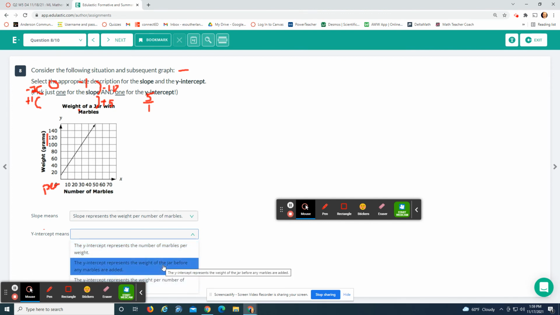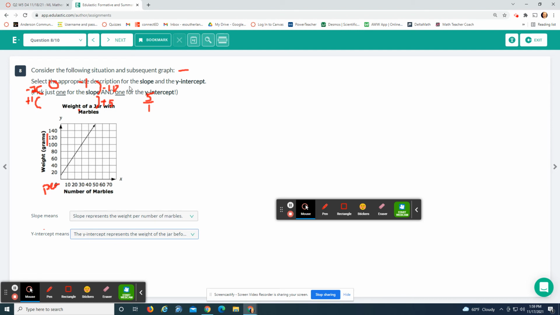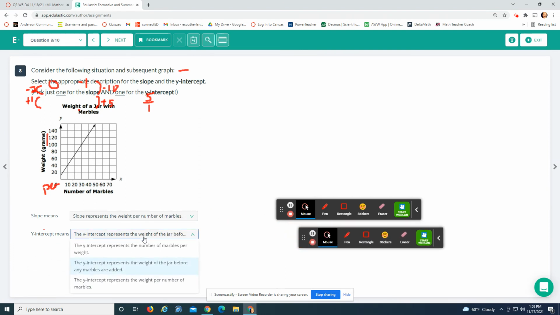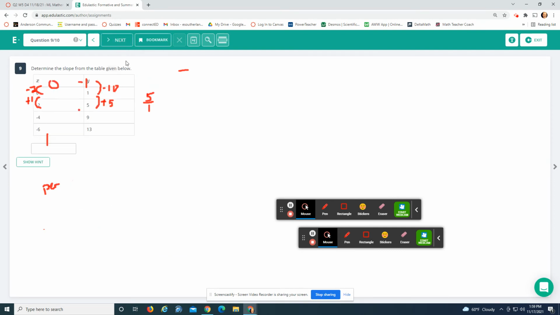It's going to be, the y-intercept represents the jar before any marbles are added. It's a tough one. What we're generally looking for here is what they start with. And so that would be what you start with, the jar before there are any marbles.